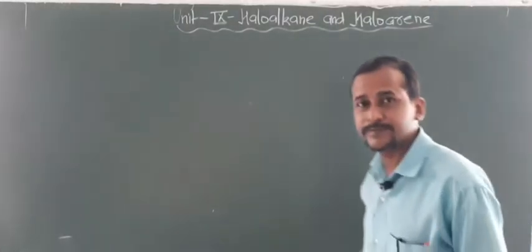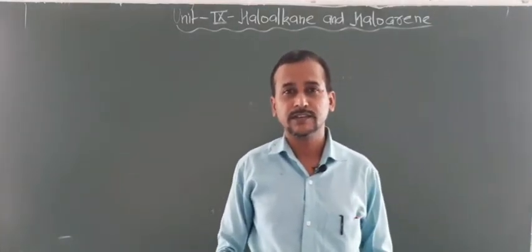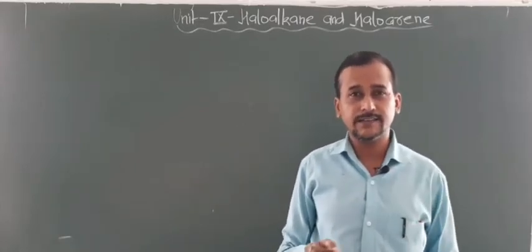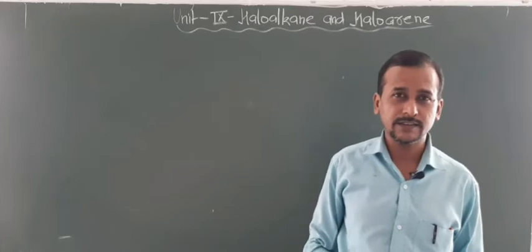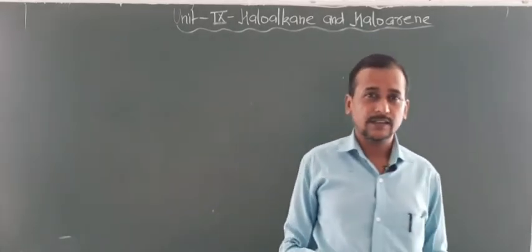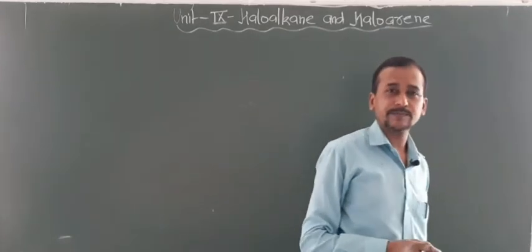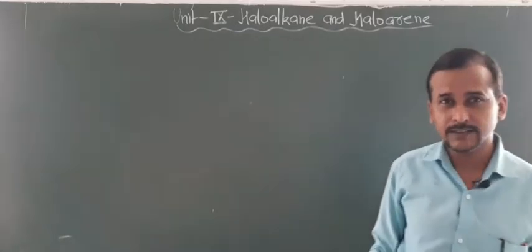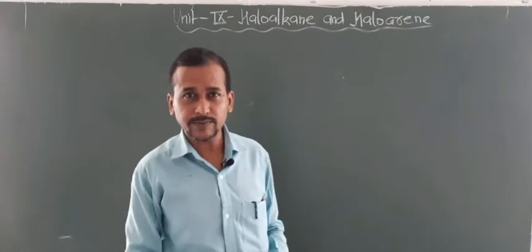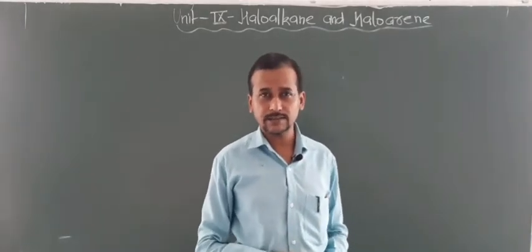Hello dear students, in the previous lecture I told you about the most important reactions of alkyl halides, that is the SN1 reaction and the SN2 reaction. I told you that SN1 reactions take place in two steps, and the first step is the slow step, that's why it determines the rate of reaction, and hence SN1 reaction is first order kinetics.